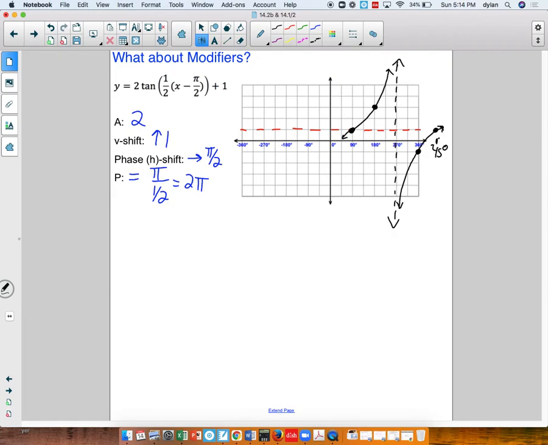Now, if you wanted, you could have done this slightly differently. I'll add in a continuation here, because you could think about this as going in a slightly different direction, depending on how you wanted to think about it. Because you could think about it as, well, there has to be another vertical asymptote here, negative 90, and then you could continue your cycle with a point at 0 and going downward like that.